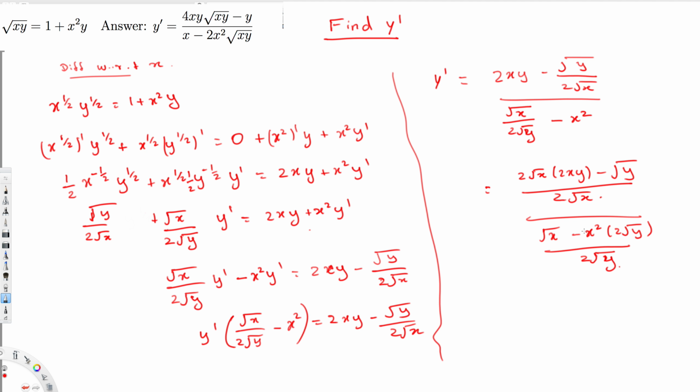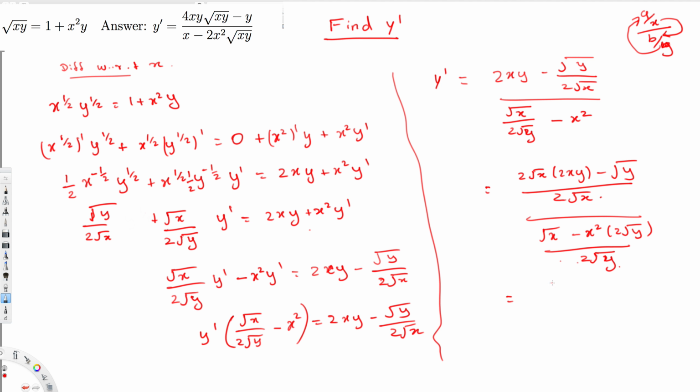Now I can flip it, because for example, a over x over b over x, b over y, let's say b over y. You can bring this y here and bring this x here, because it represents the same thing. The same thing I'm going to do: I can bring this 2 square root of y to the top. But before I bring this, I multiply this one.